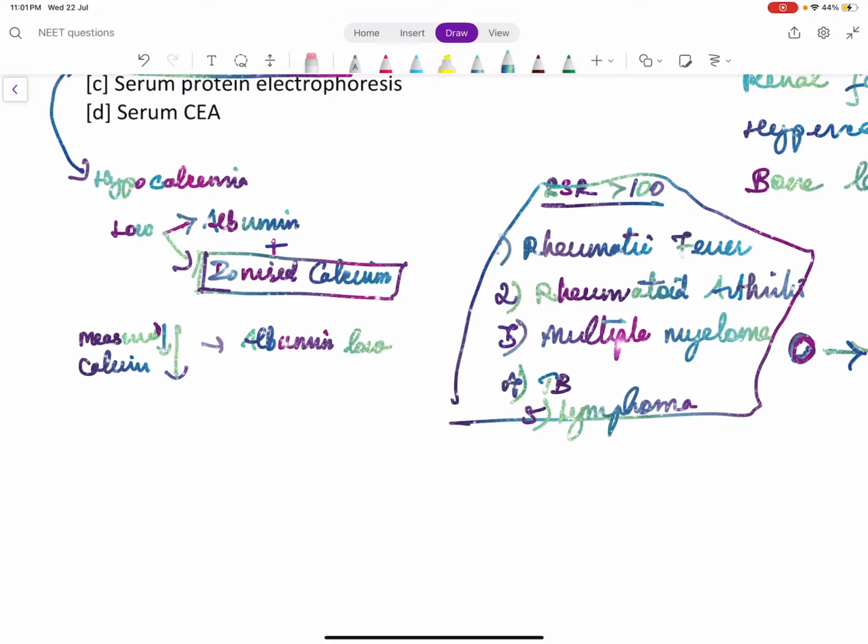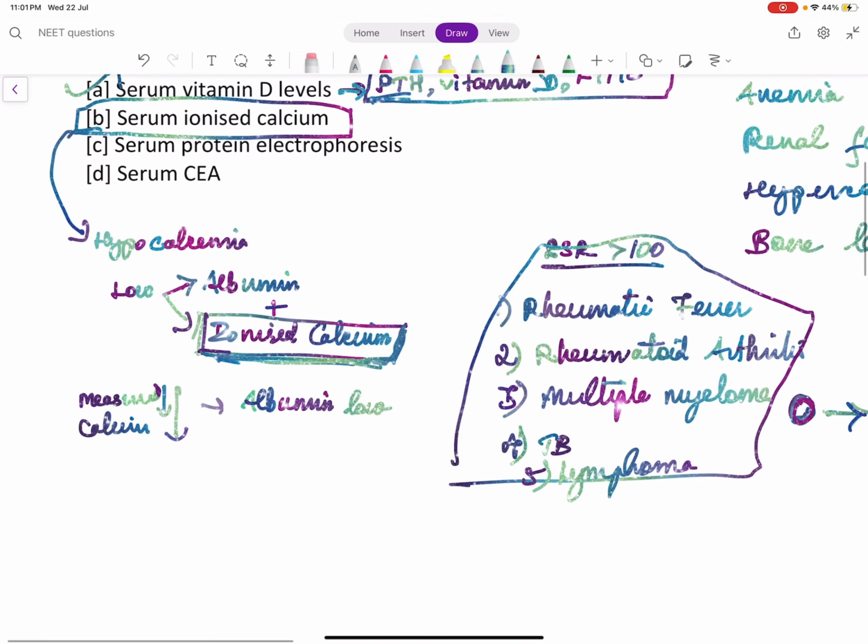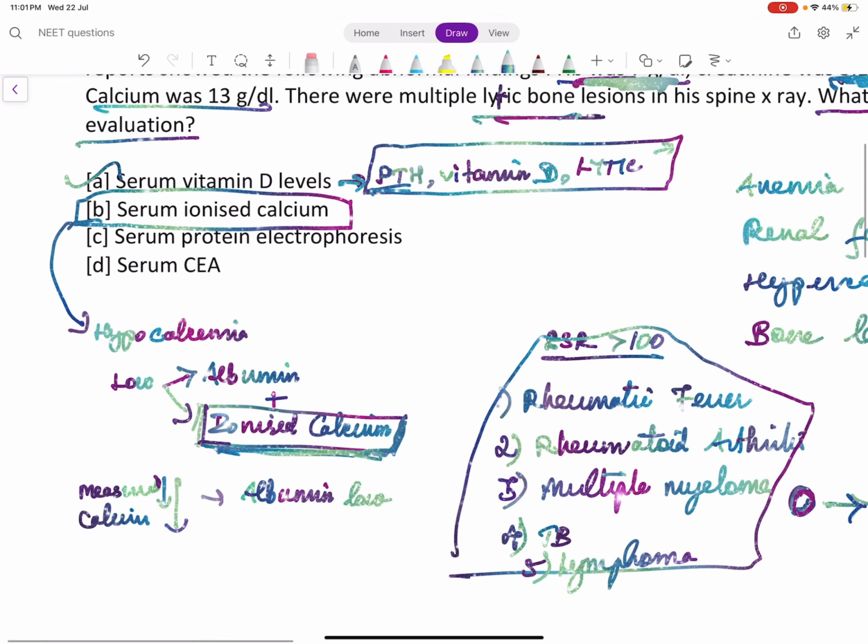In that case, we have to send ionized calcium to confirm whether the physiologically active form of calcium is normal or low, right? So ionized calcium has to be sent as a confirmation in hypocalcemia. There is a formula for corrected calcium, we are not discussing it here.